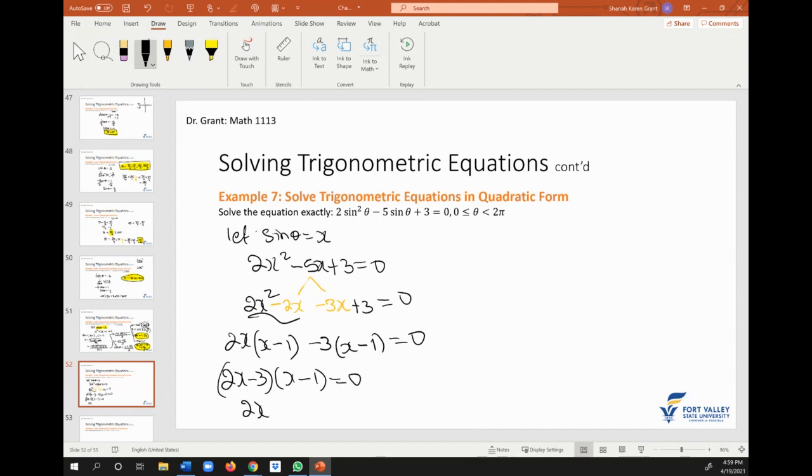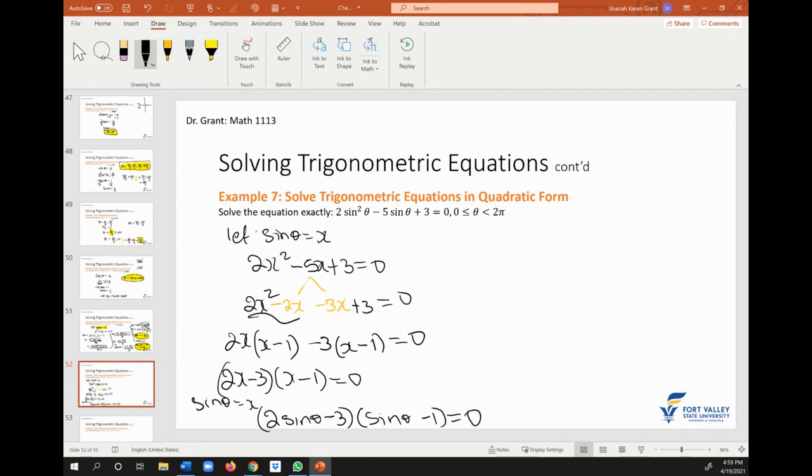So then, let's rewrite this. Really, sine theta equals x. If I rewrite this, it becomes 2 times sine theta minus 3 times sine theta minus 1 equals 0.